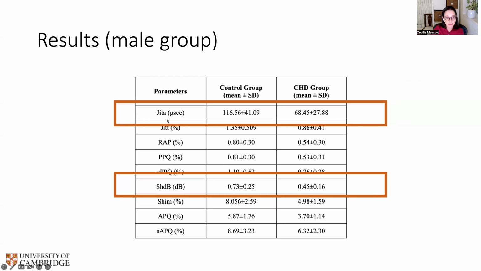And you see that the jitter and the shimmer are generally quite good at distinguishing. So this number here and this number here are very different, and this number here and here are very different. So there seemed to be a good intuition here that using this for coronary heart disease detection is a good thing.